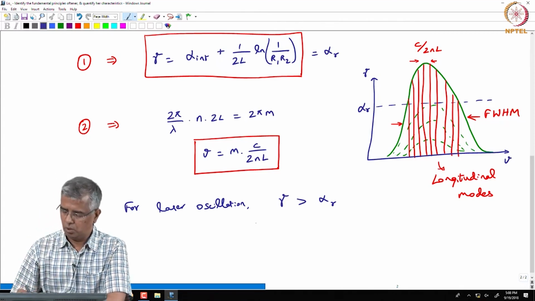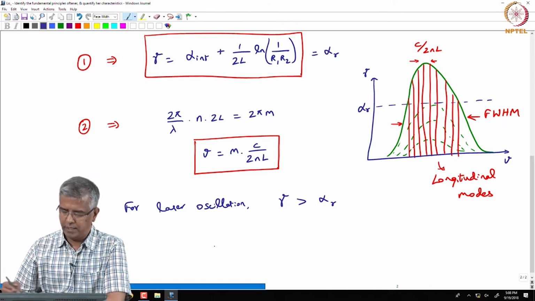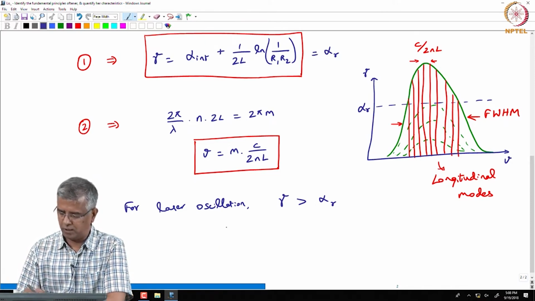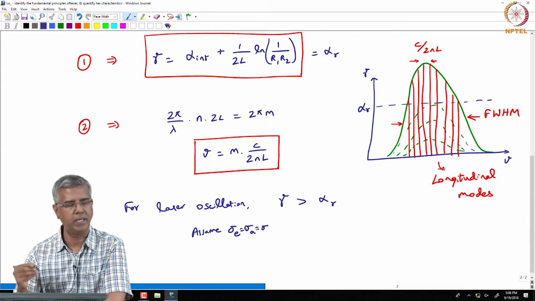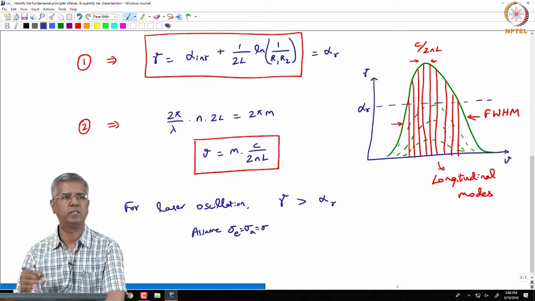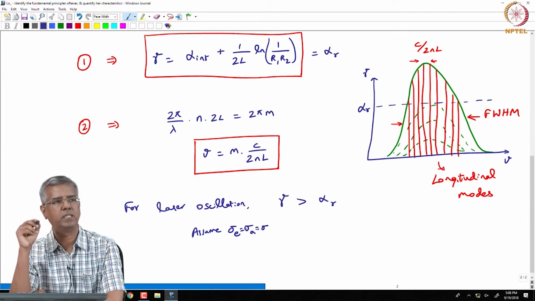Now, if we try to simplify the picture, let us assume that alpha E equals alpha A, that is, sigma E equals sigma A equals sigma, which is the emission cross section.